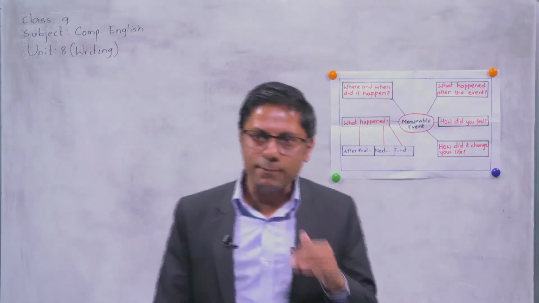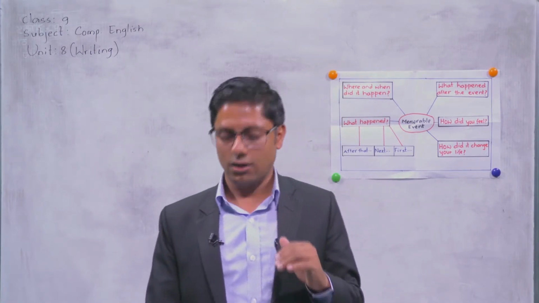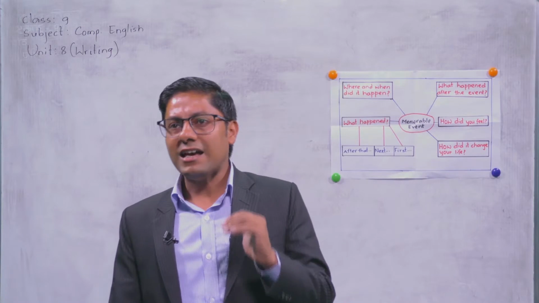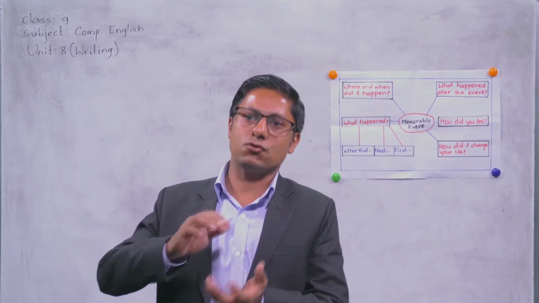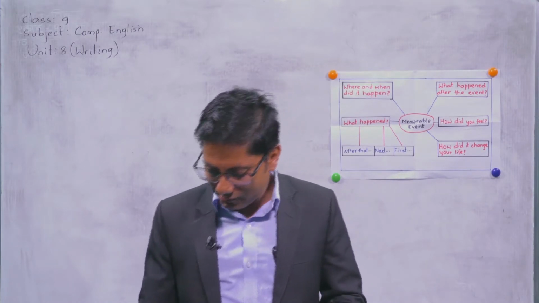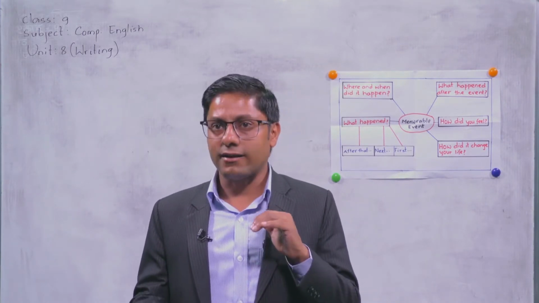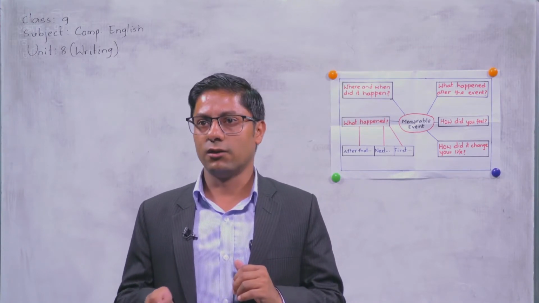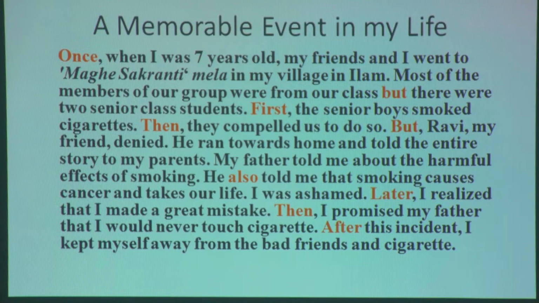See, the events that we discussed earlier in the last activity are kept together here and developed into a paragraph. And you see here, there is the use of transitional words. You can see once, but, first, then, also, later, after.